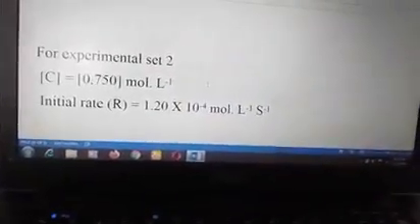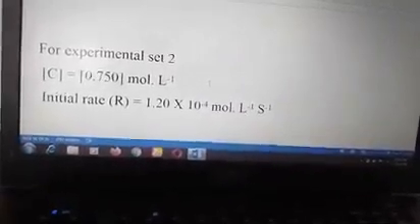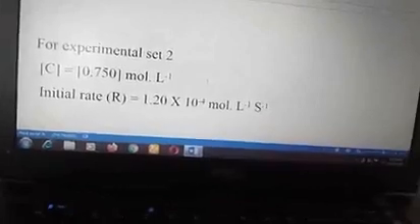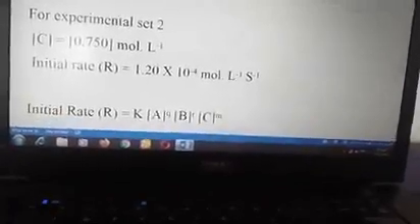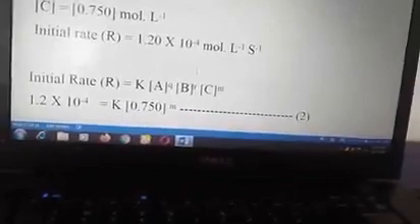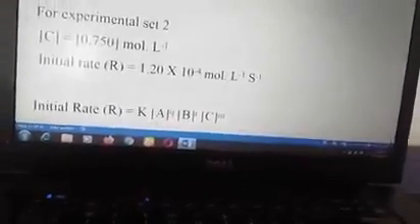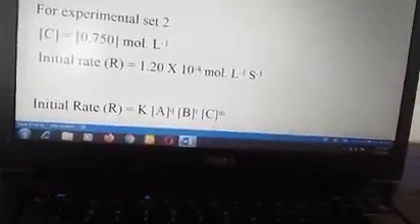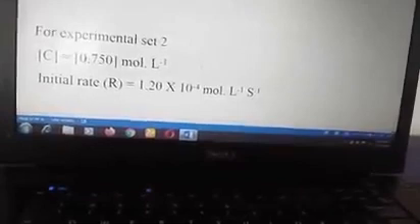So for experimental set 2, the concentration of C is 0.75 mole per liter, and the initial rate is 1.2 times 10 to the power minus 4 mole per liter per second. And we'll have the rate equation. Before we continue on the substitution, we have to go back to the table and verify where we're going to use C. That means if I say 2, A and B are also held constant.